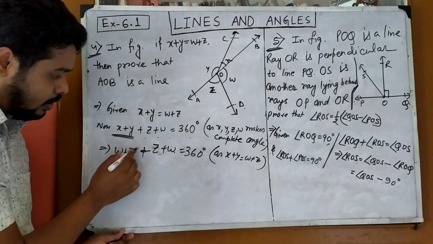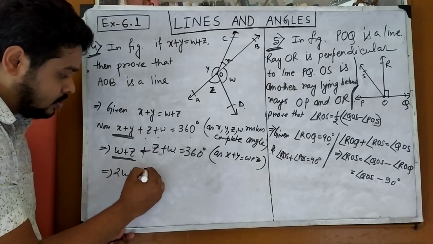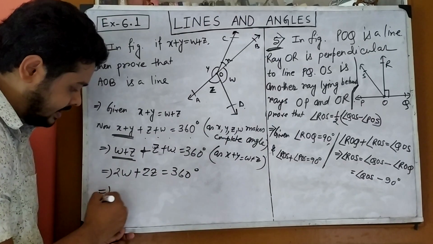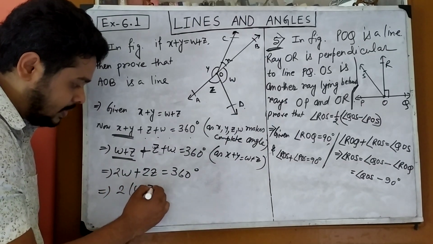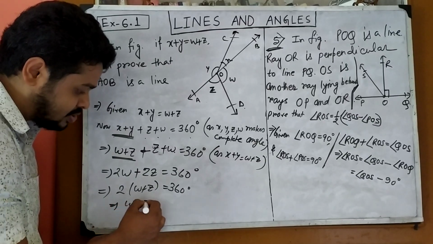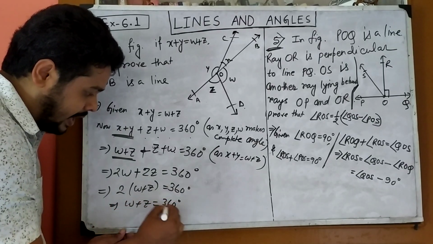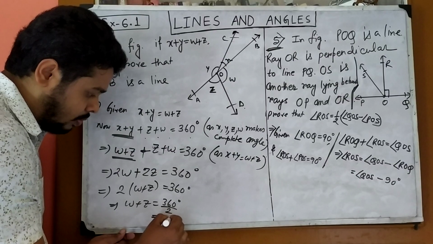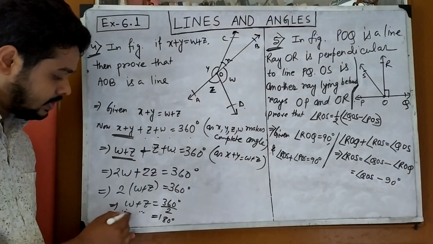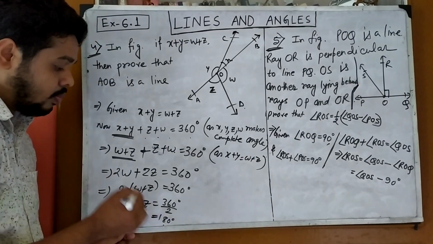And how many z's? 2z equals 360 degrees. Taking 2 as common, w plus z equals 360 by 2, that is 180 degrees.